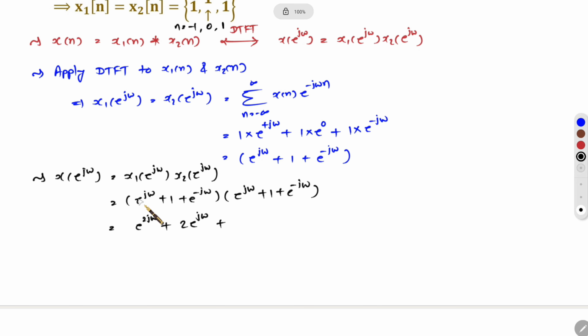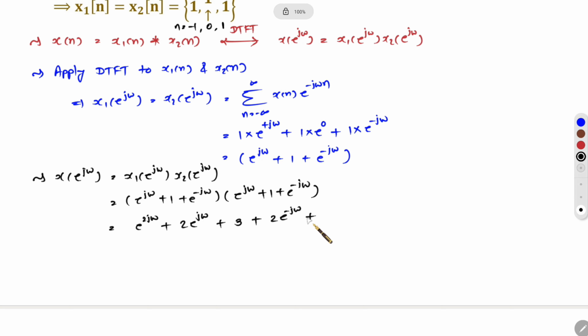Then e to the power j omega into e to the power minus j omega, as well as e to the power j omega into e to the power minus j omega, means 3 times we have 1, right? And then with e to the power minus j omega, see, e to the power minus j omega into 1 plus e to the power minus j omega into 1 means 2 times e to the power minus j omega is there.